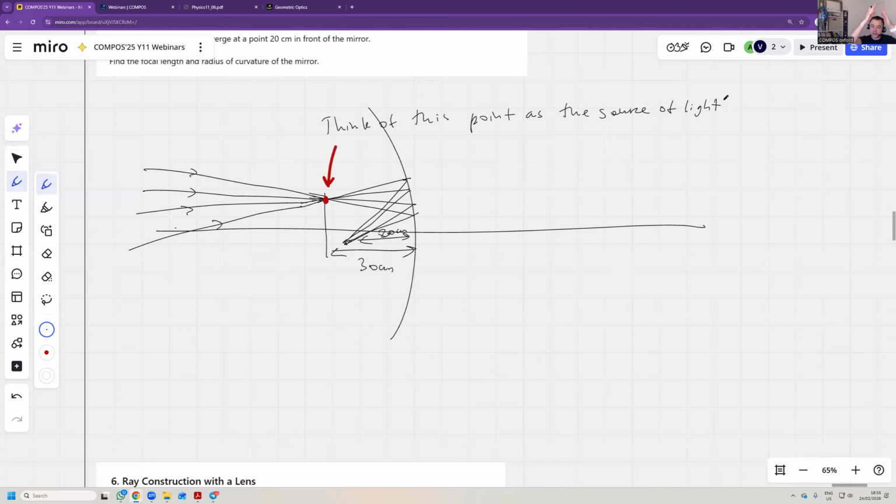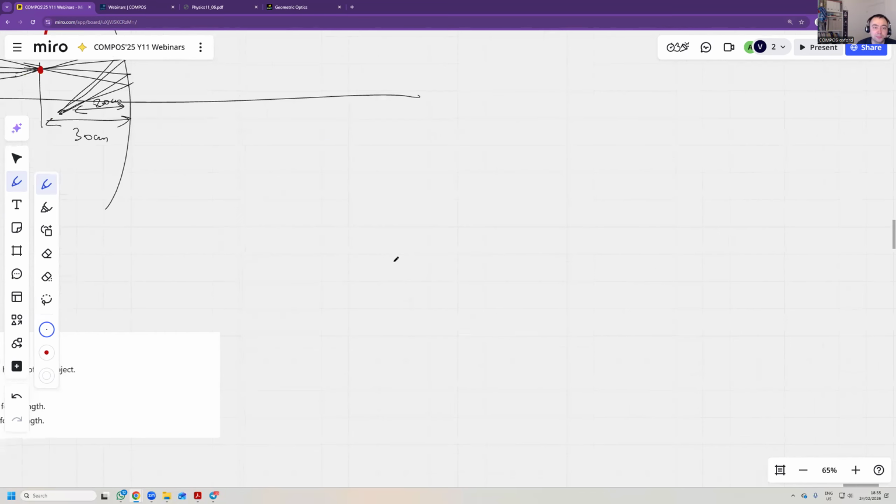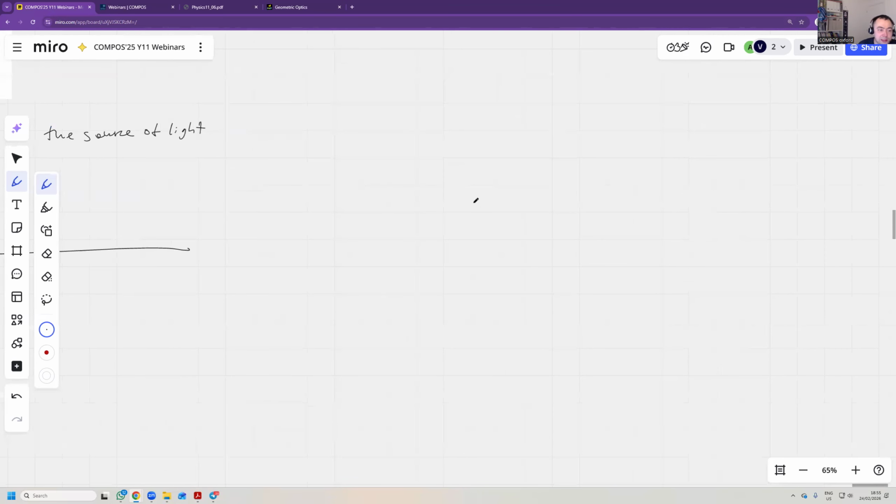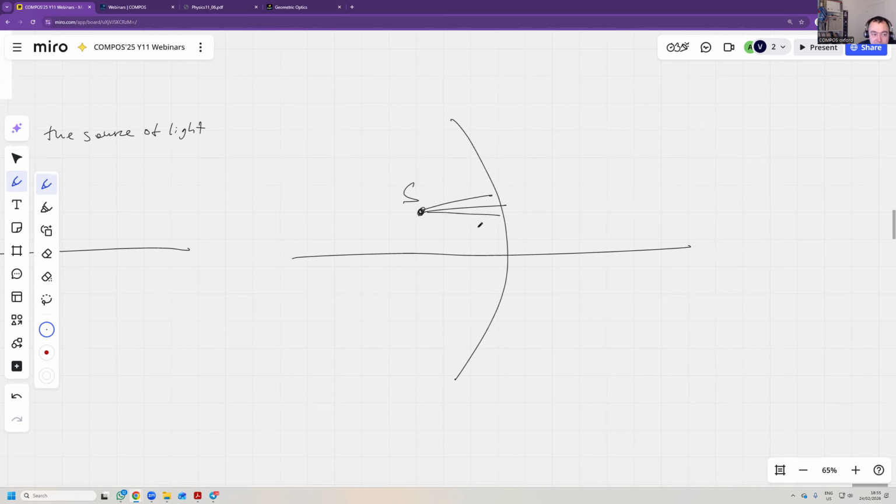So we could think of that point as the source of light. And therefore, the question becomes incredibly simple. You have a source of light placed here, and it's creating light. And then where the light rays meet, that's the image of that source.